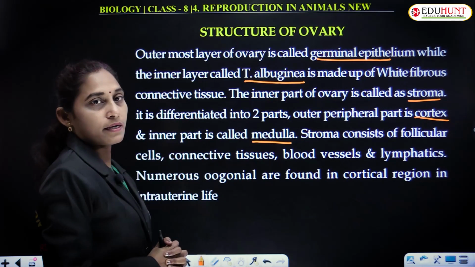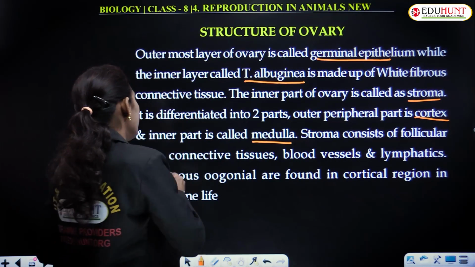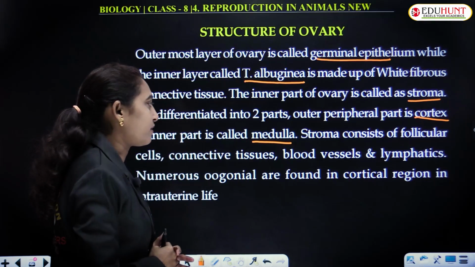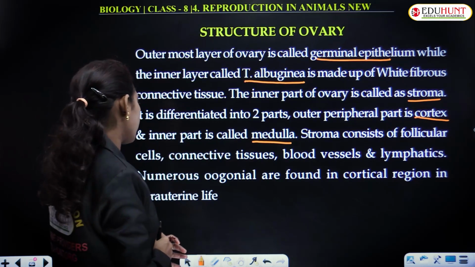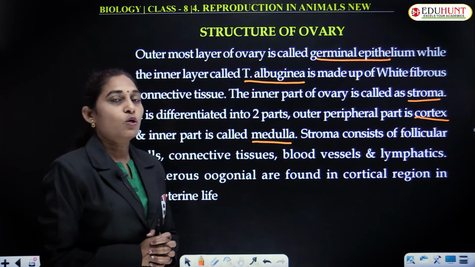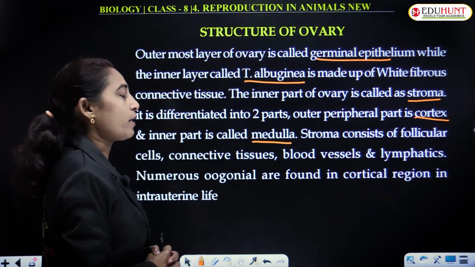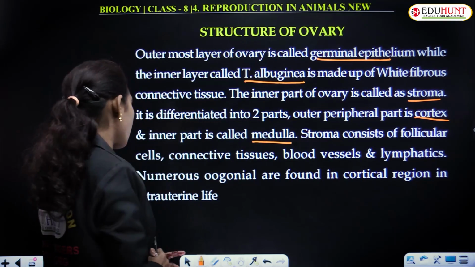This stroma consists of follicular cells, connective tissues, blood and lymphatic vessels, etc. And numerous oogonia are found in the cortical region of the stroma.